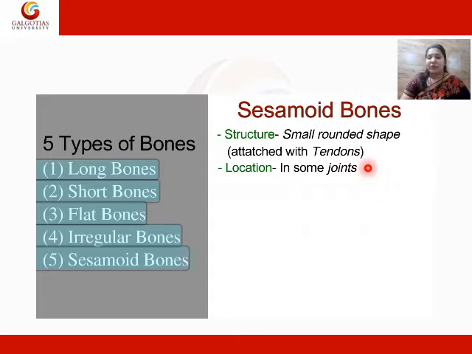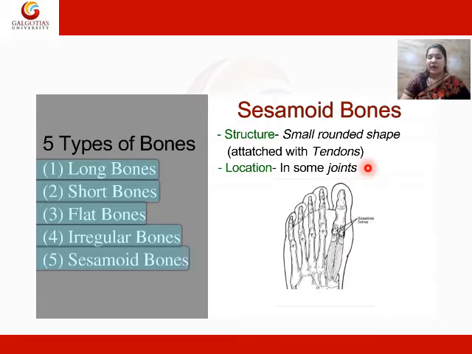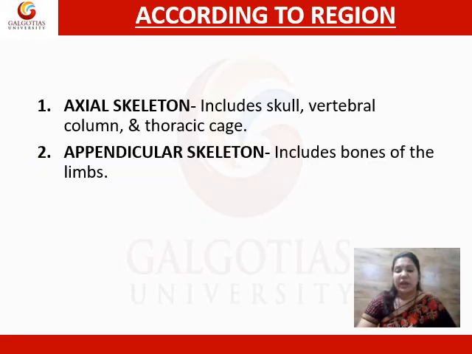Another example of the sesamoid bone is in our hand and in our foot. So here is all the structure of bone classification according to their shape.